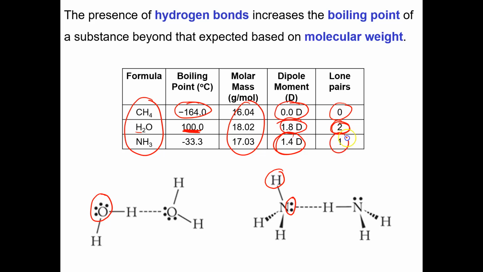And also it only has 1 lone pair, so when 2 of these molecules collide, there's half the probability that a hydrogen atom will encounter a lone pair to form a hydrogen bond with. And taking all those factors into account, what we observe is that the boiling point of ammonia is intermediate between that of water and methane.